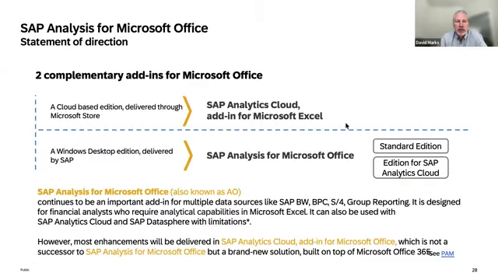And then lastly, the analysis for Office. This is going to still be there, of course. We have 2 versions: one that runs as an Excel add-in for Microsoft 365, and one that just runs on your desktop Excel.